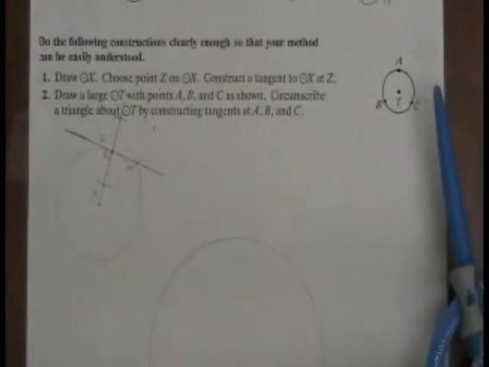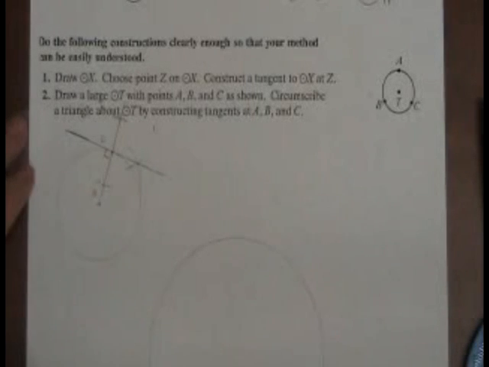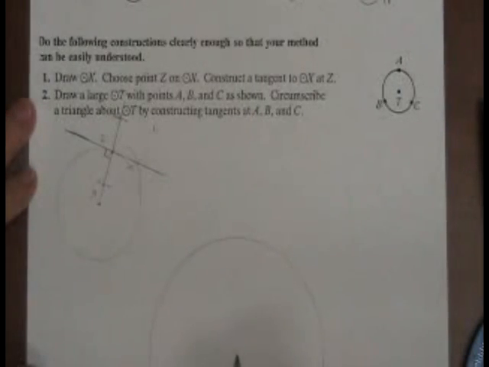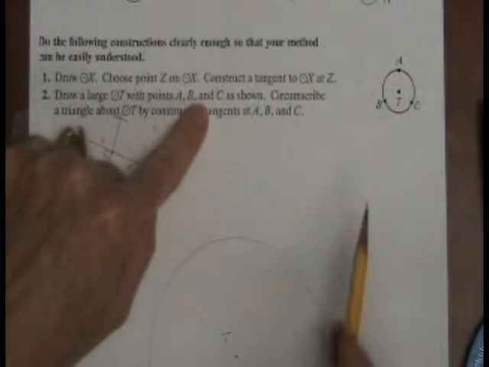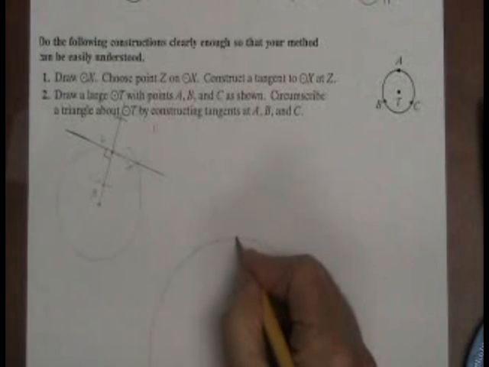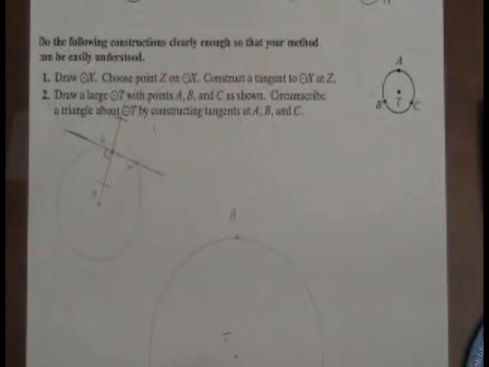Okay, so draw a large circle T. So there's my center, and this is T, with points A, B, and C as shown. So I'm going to put A up here, and I'm going to put B over here, and I'm going to put C right there.